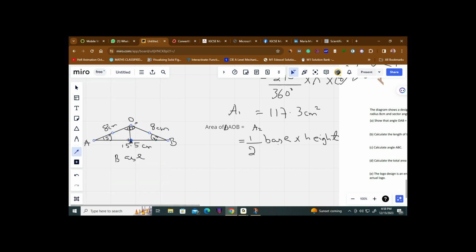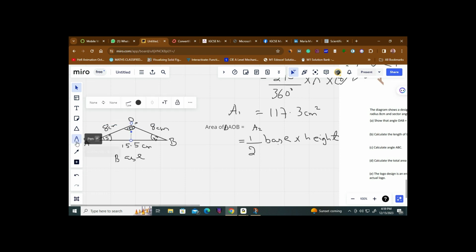I don't want arrows, I need line options. This is it. And I'll make it dotted. So this is the height, a dotted line.